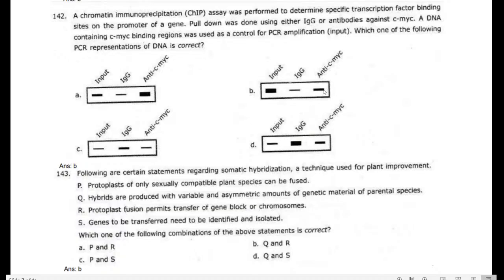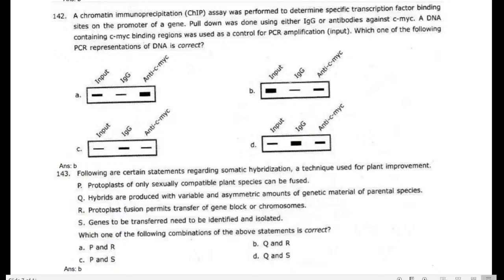Next question, the following statements regarding somatic hybridization. As I mentioned, first we discussed the kinds of hybridization. Here they are mentioning somatic hybridization. Somatic hybridization has great potential in plant improvement.